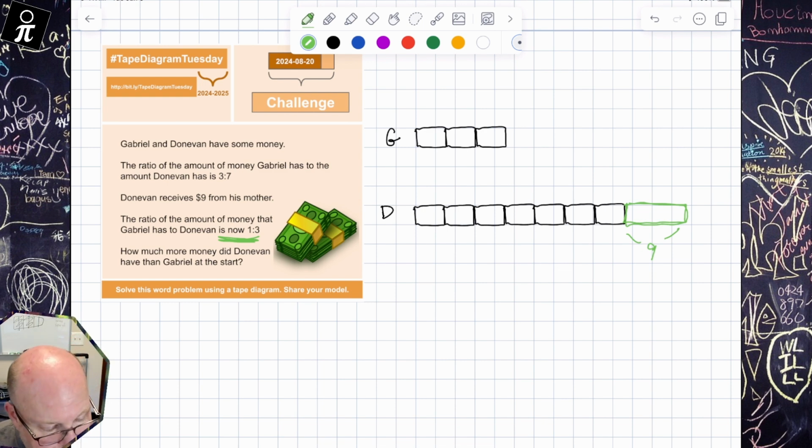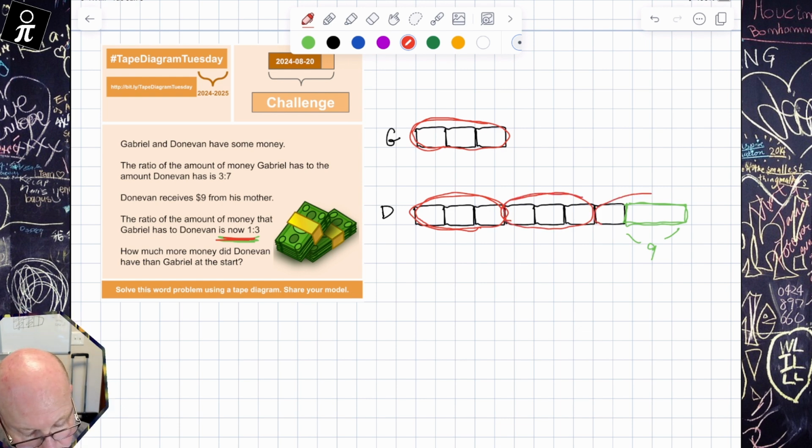All right, so what does that mean? That means this right here represents 1 unit, which means Donovan is supposed to have 3 units because the ratio is 1 to 3. So there's 1 unit, there's 1 unit, and then here is the remaining unit.